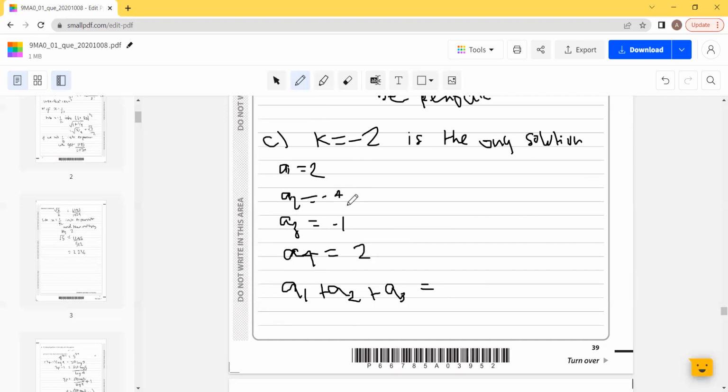What have I done wrong? Let me just think about what I've done wrong. Oh yeah, so the first 3 terms we've got. So what can I do to figure out what it is?